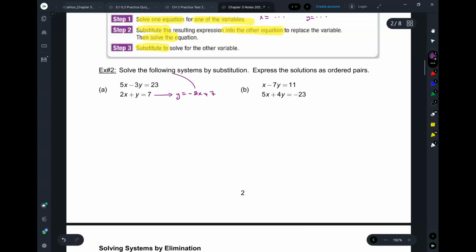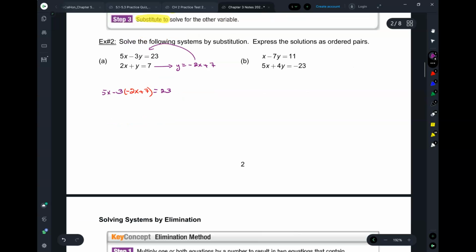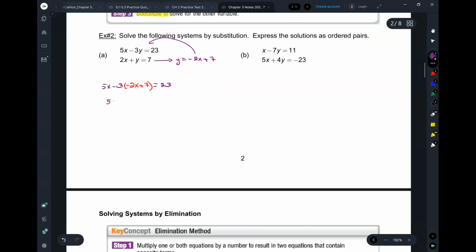Now, I take that and plug it into the other equation. So it's going to be 5x minus 3 times y equals 23. Okay? So 5x plus 6x minus 21 equals 23.